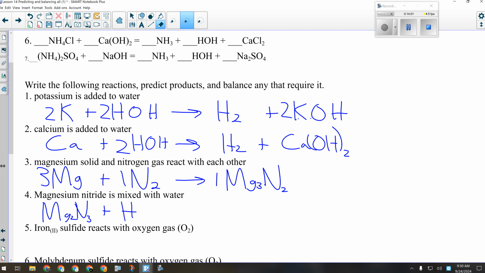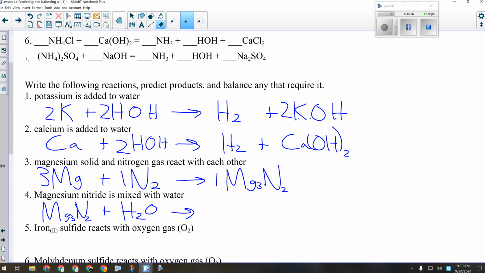Now, could I write this as H2O or HOH? It's swap the 3 and the 2. Oh, whoops. Yes, sorry. Got ahead of myself. I was so excited that I got to redo something I did wrong. Could I write this as H2O or HOH? Yes, and either one would be correct. In replacement reactions, I would write it as HOH.